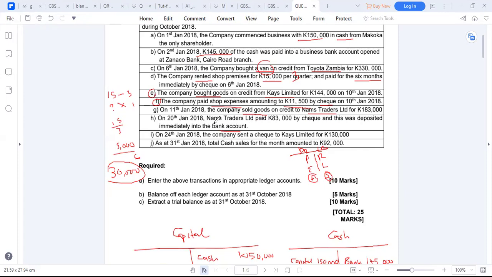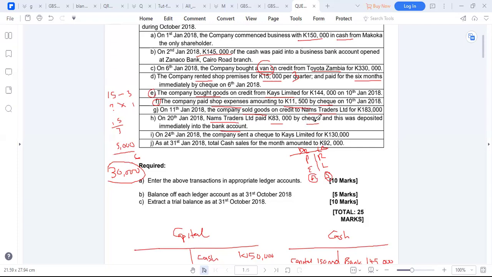Are we crediting NAMS and debiting bank? Okay, so NAMS paid 83,000 by check. So who's NAMS to us in the first place? NAMS is our debtor, but it's time to repay. So we're reducing the debt. To reduce it, we credit instead of debiting.